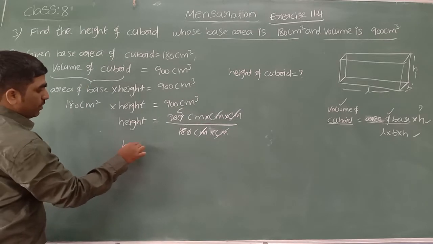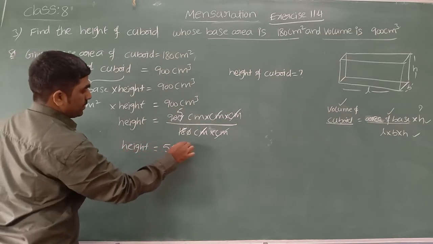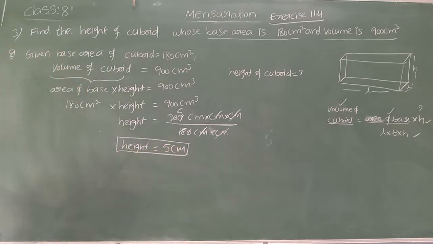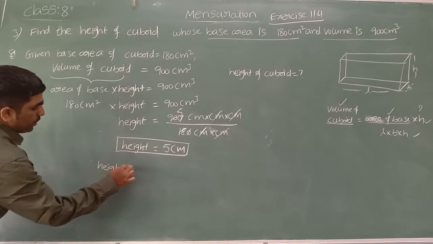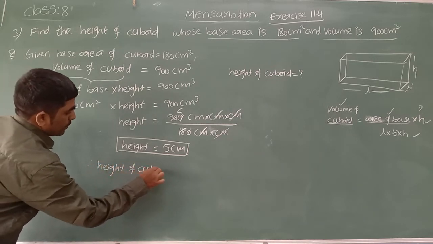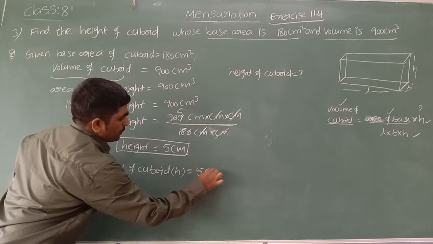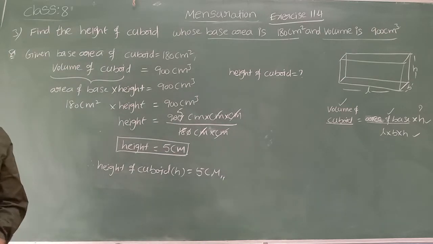So now the height is equal to how much? 5 centimeters. So the height of the cuboid is 5 centimeters. Therefore, the height of the cuboid H is equal to 5 centimeters. That is the way you can find the height.